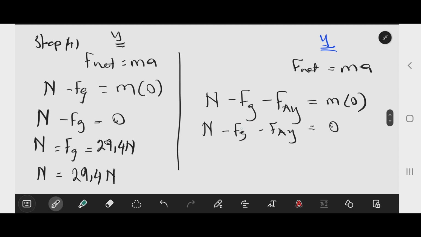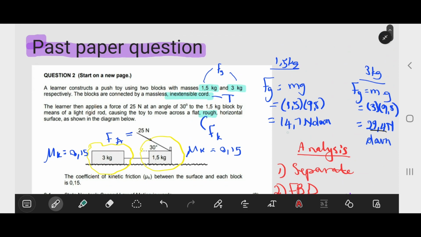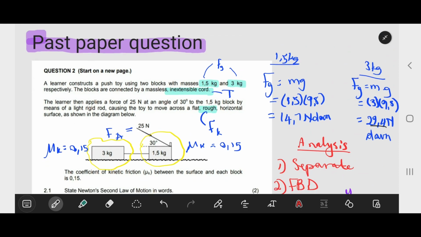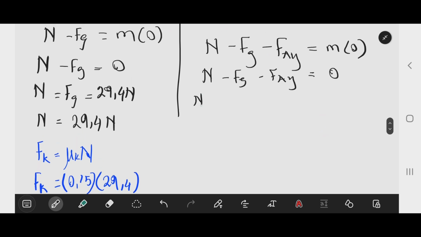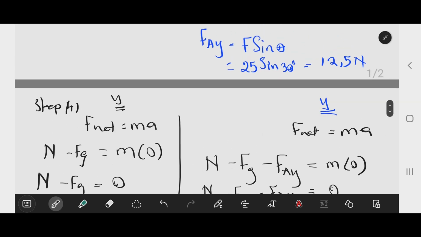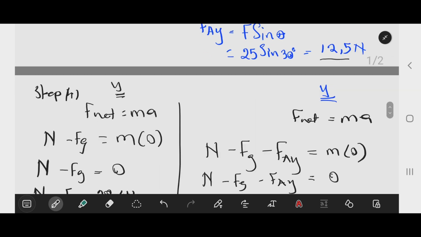But now you have calculated your Fg, which is the gravitational force for the 1.5 kg object, to be 14.7, right? So we substitute 14.7 for Fg, and Fay you have calculated in step number 3 where you were resolving. Fay was 12.5.